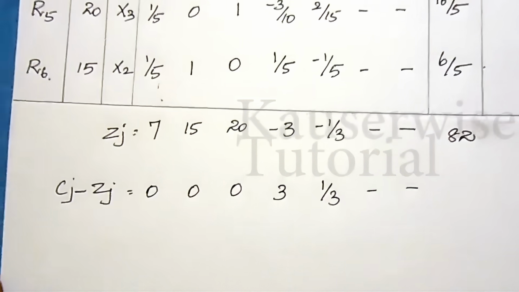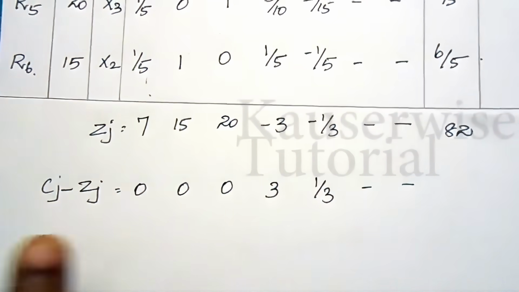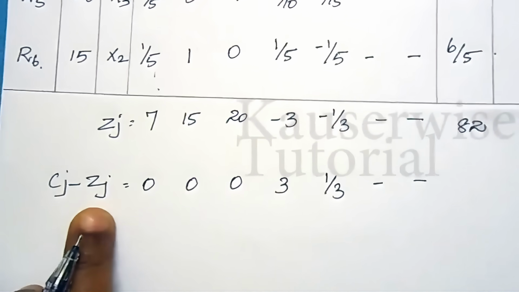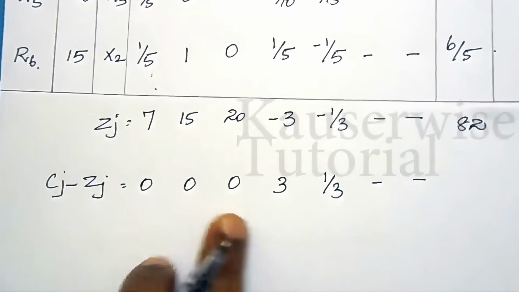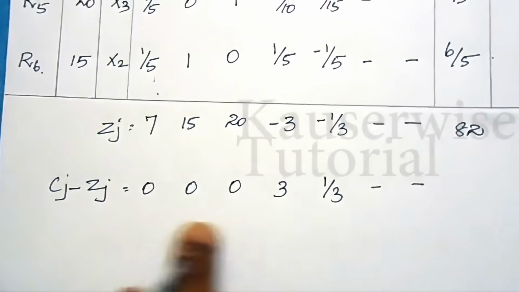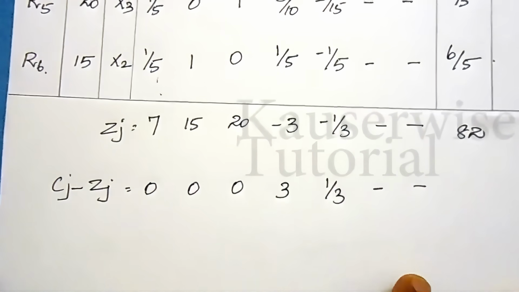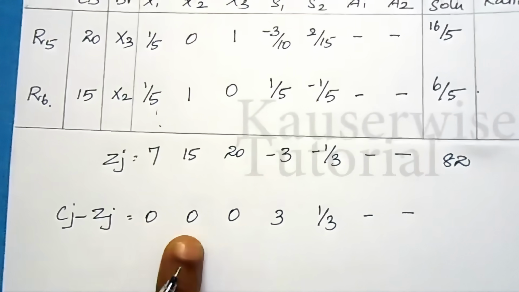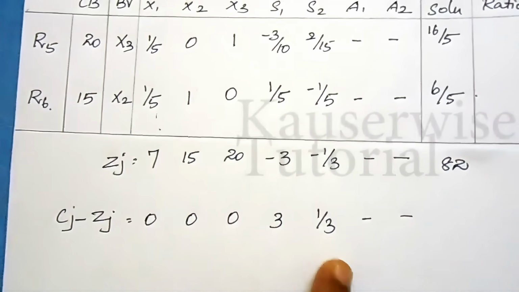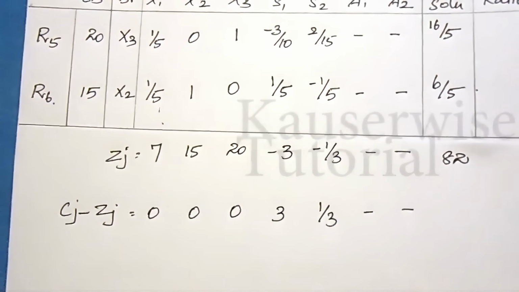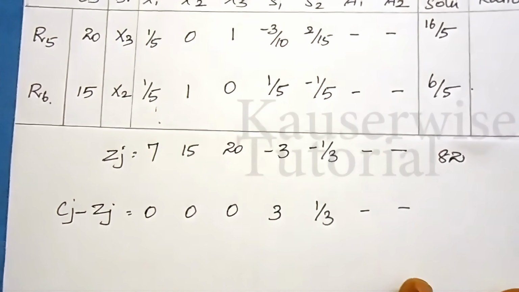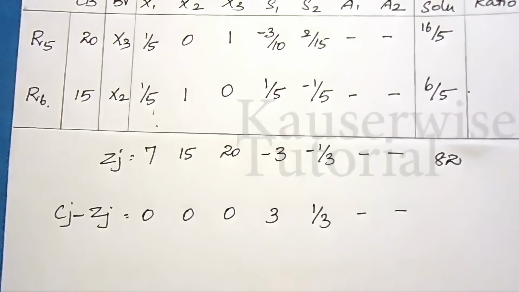What is the optimality condition for a minimization problem? All the Cj minus Zj must be greater than or equal to 0, which means we need to get 0 or positive values. In this iteration we have got 0, 0, 0, 3 and 1 by 3. So we have reached optimality. This is the final iteration.